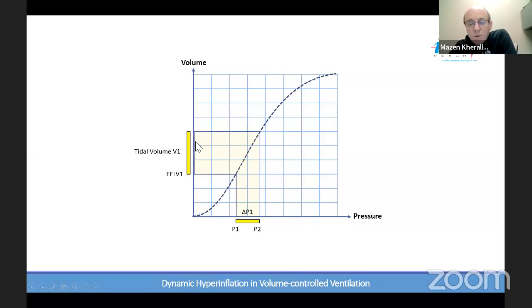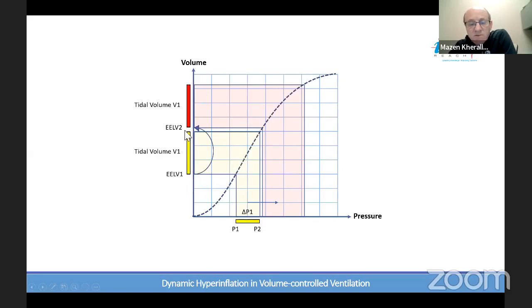So this is without the Auto-PEEP. Now, when the patient develops Auto-PEEP, we add PEEP to this. This is the PEEP level on the machine. So we add PEEP, and then P1 will actually go to P3 here, and P2 will go to P4 here, in order to deliver the same tidal volume. This is volume control mode of ventilation.